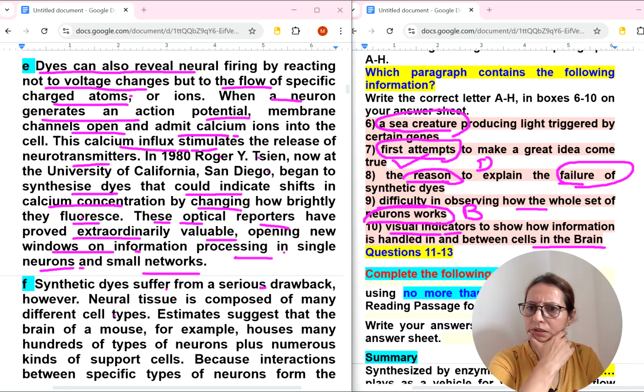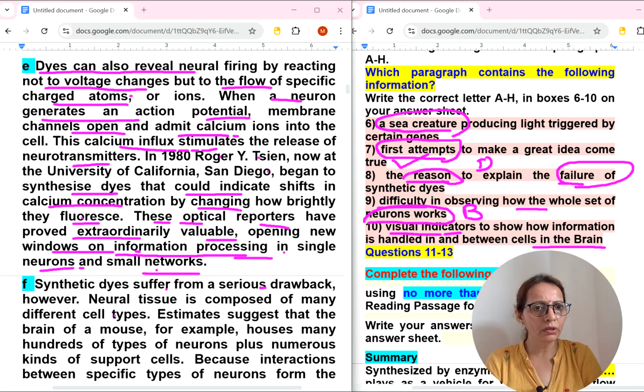I am not getting anything here. Processing word is here actually. Processing in hand. Visual indicators to show how information is handled in between the cells in the brain. These proved extremely valuable, opening new windows on information. Information is also there in single neurons and small networks.